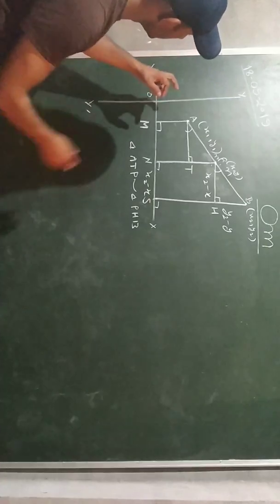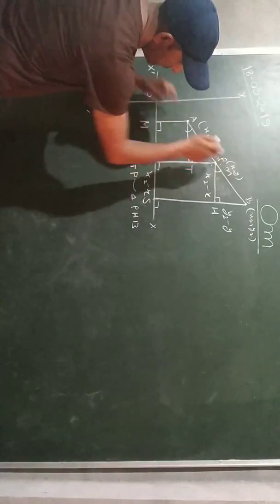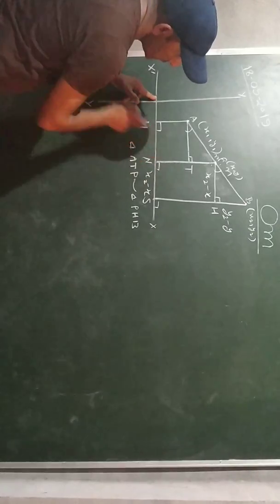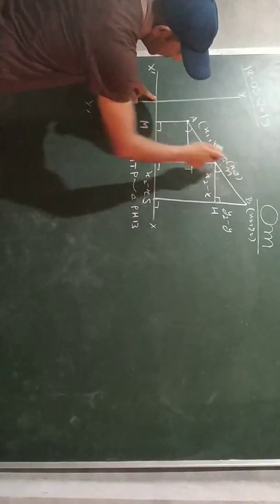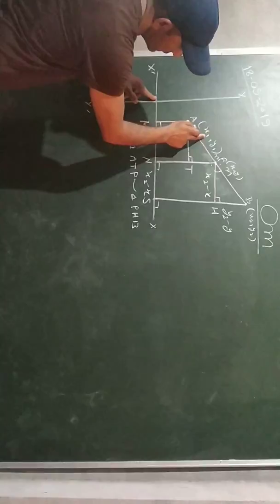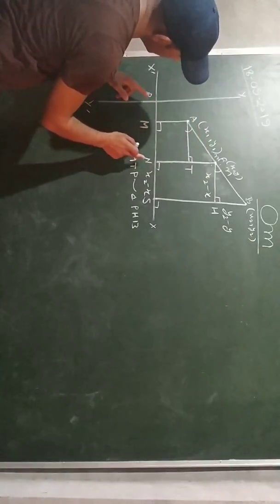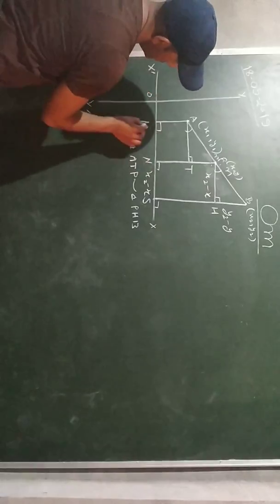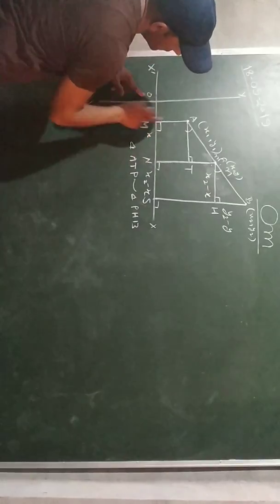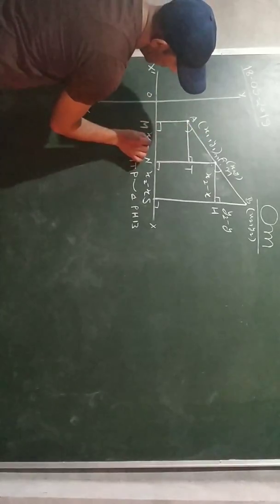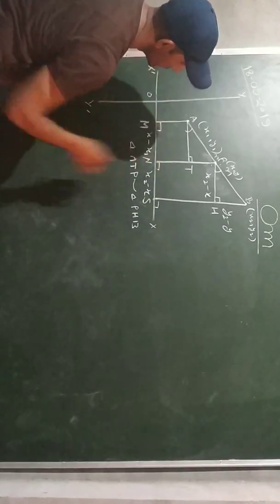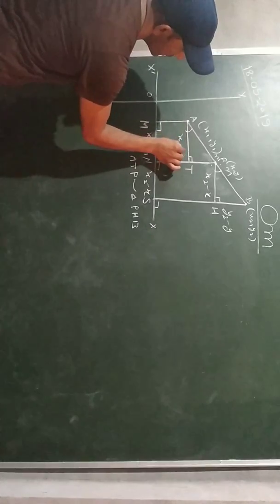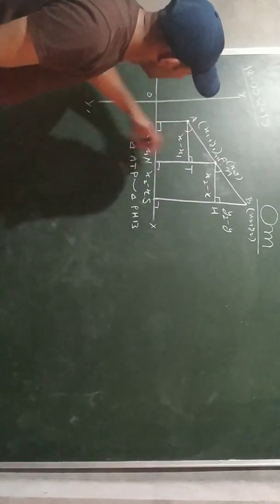In triangle ATP, what can you say about ON? ON is equal to x, and OM is equal to x1. Then MN is equal to ON minus OM, that is x minus x1. Similarly, AT will be equal to MN, that is x minus x1.